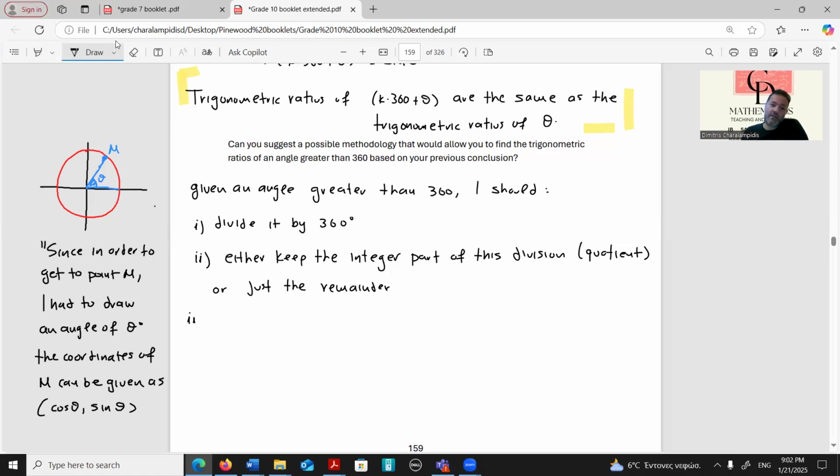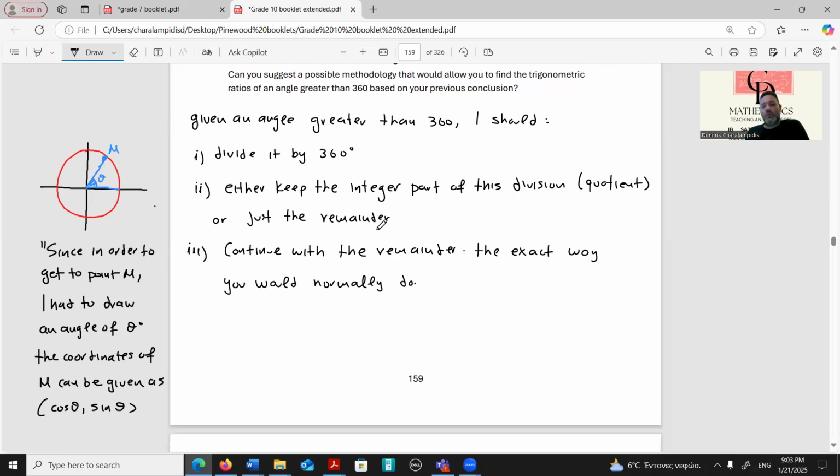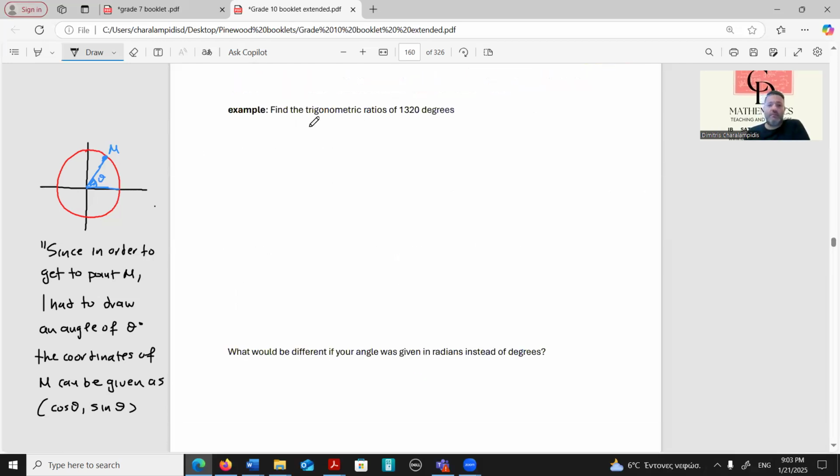And thirdly, continue with the remainder the exact way you would normally do. And we'll do an example for that. Let's work an example to see what I mean by that.